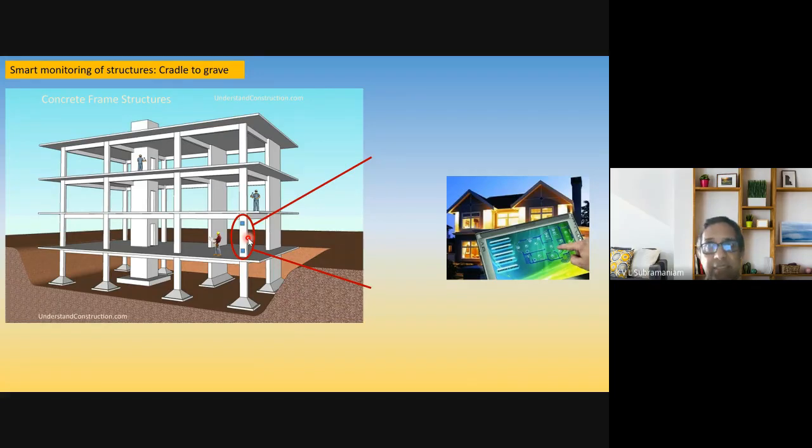So I can check whether concrete has gained adequate strength, and whether I can open the structure for use. I can do local monitoring of the concrete structure as it is aging, as it is gaining strength.